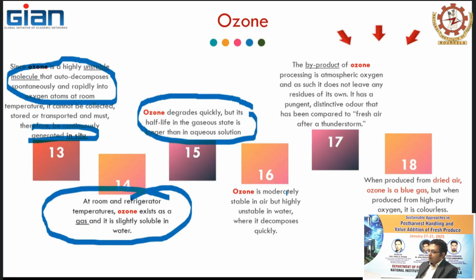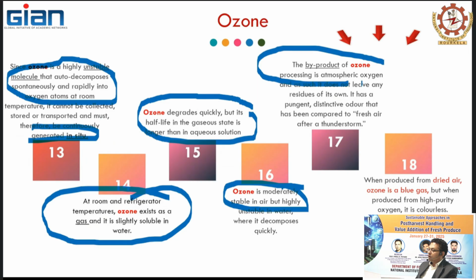Particularly, ozone is unstable, and that's the benefit we are taking for the process, because it's unstable. But it is more unstable in water, stable in air but less stable in water.